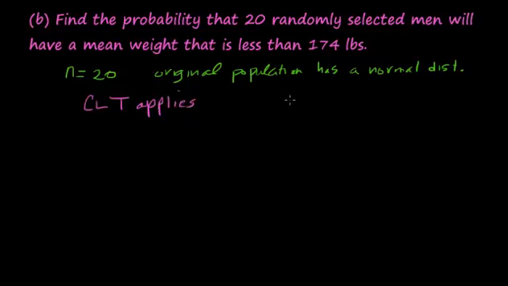Okay? So even though we have a small sample size, we're starting with a normal distribution, so we can use the central limit theorem. So let's sketch, label, and shade our curve.